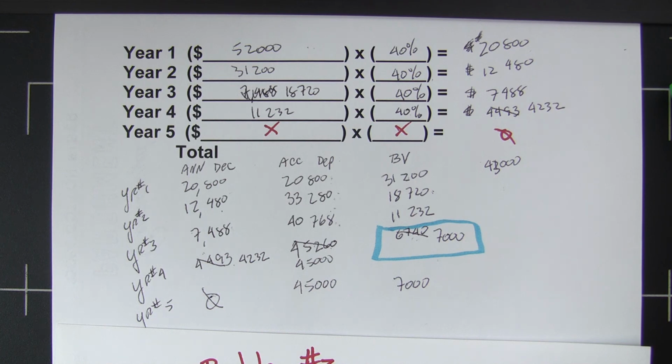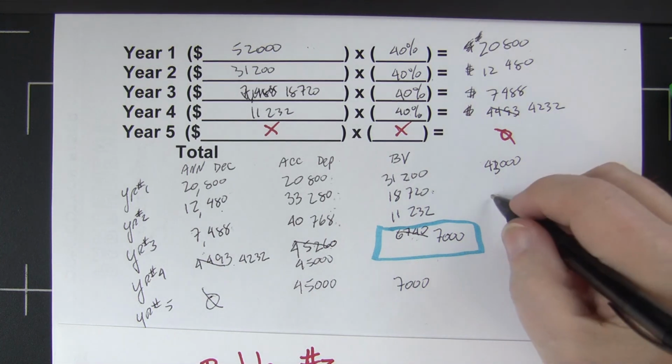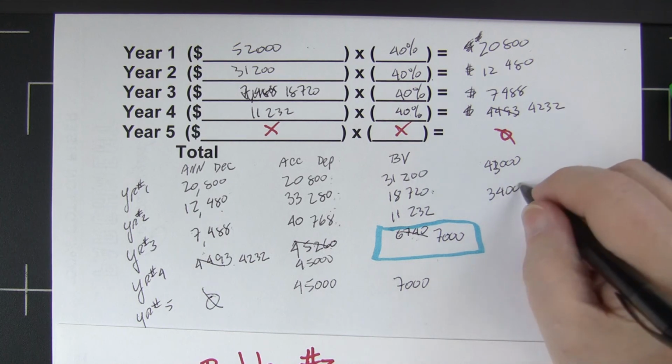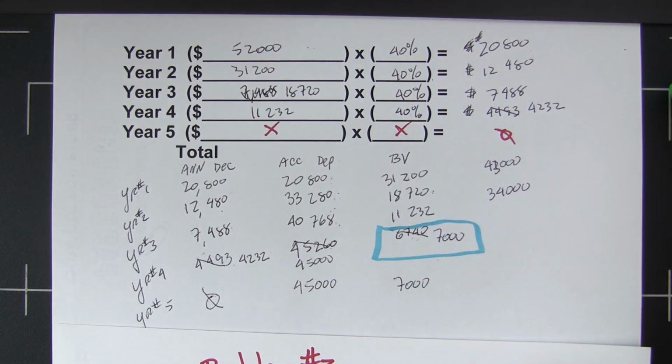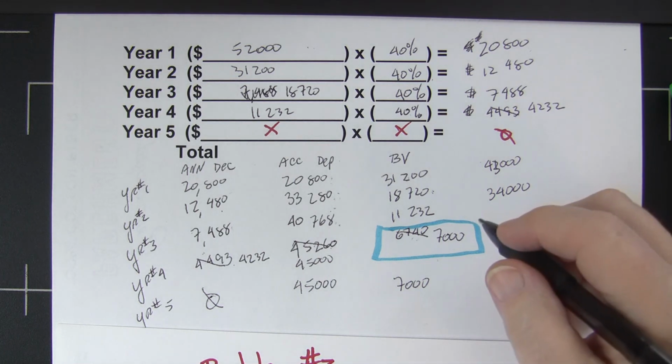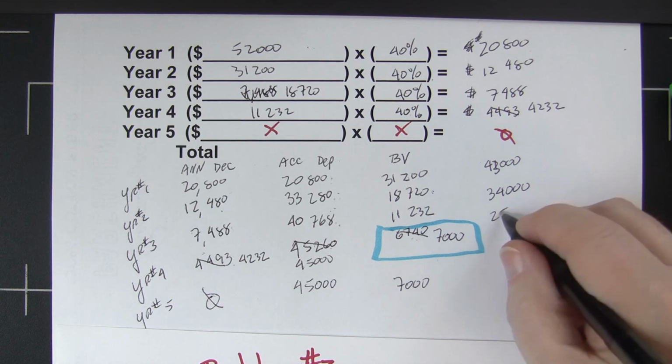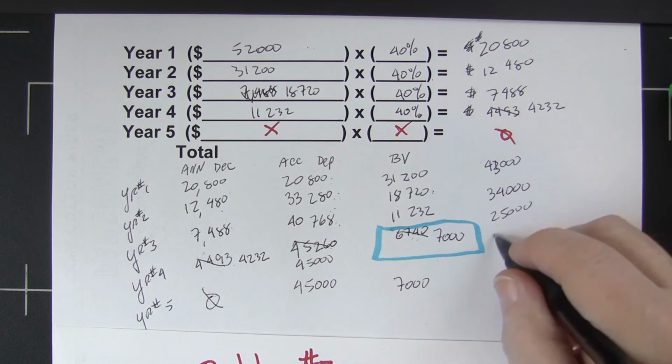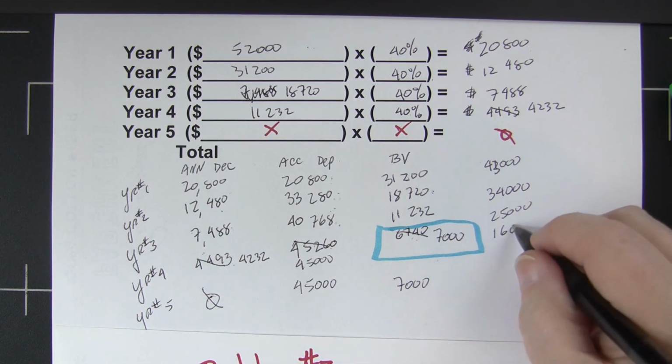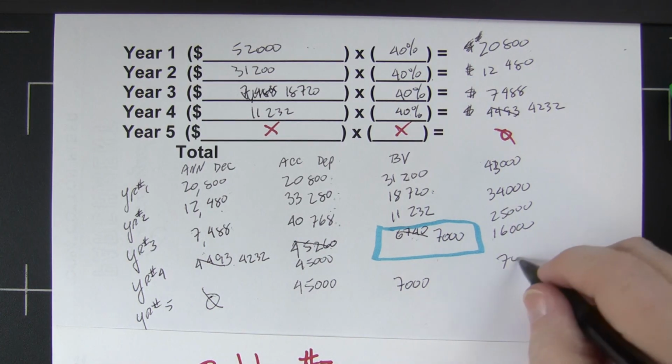So we have 43. We'll subtract another 9,000 for the second year. We're now down to 34. And we'll subtract 9 the third year. And that takes us down to 25. And then 16. And then 7.